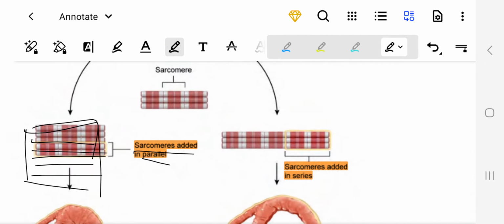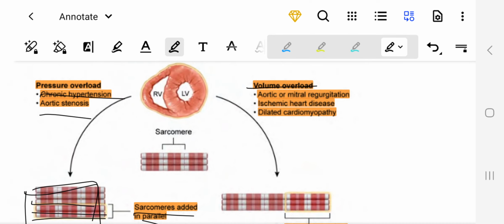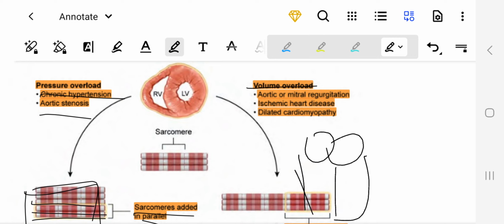But over here, in case of volume, let me draw this. Okay, if more volume is increased, that will push the wall, and that will produce more cavity, due to which the end diastolic volume will be increased, but there will be no increase in the thickness of the wall, right?